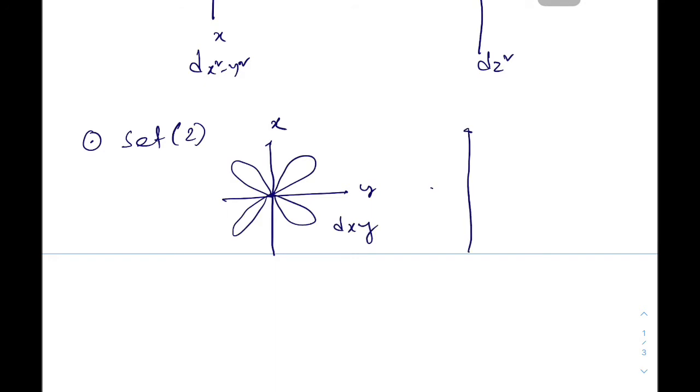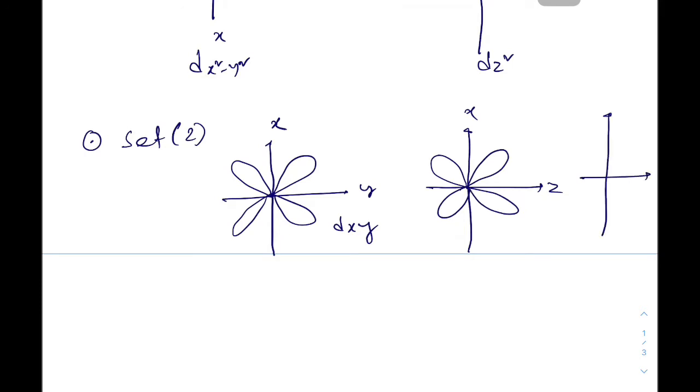If it is between x and z, it is called dxz, and when it is between y and z, it is called dyz. So there are 5 d orbitals in total, divided into two sets, whether along the axes or in between the axes.